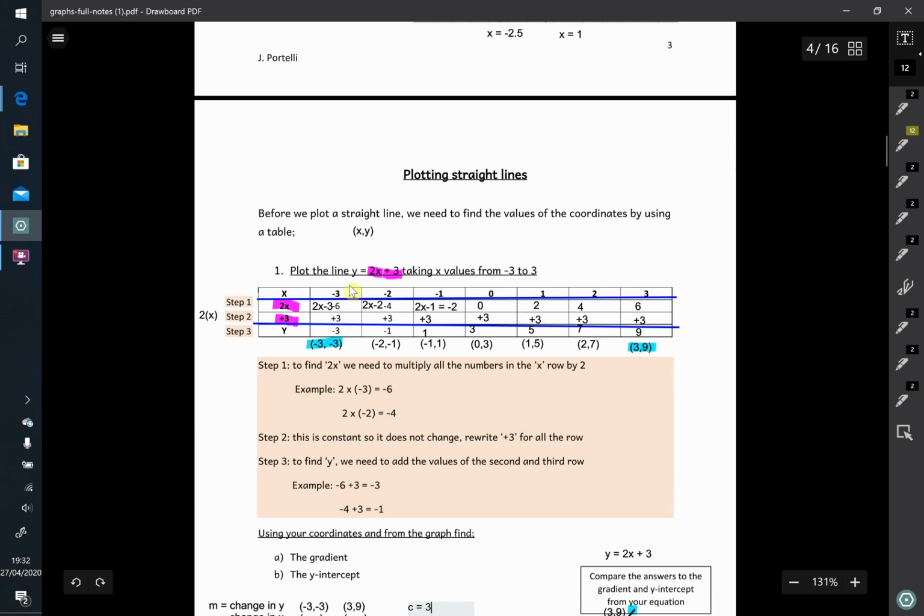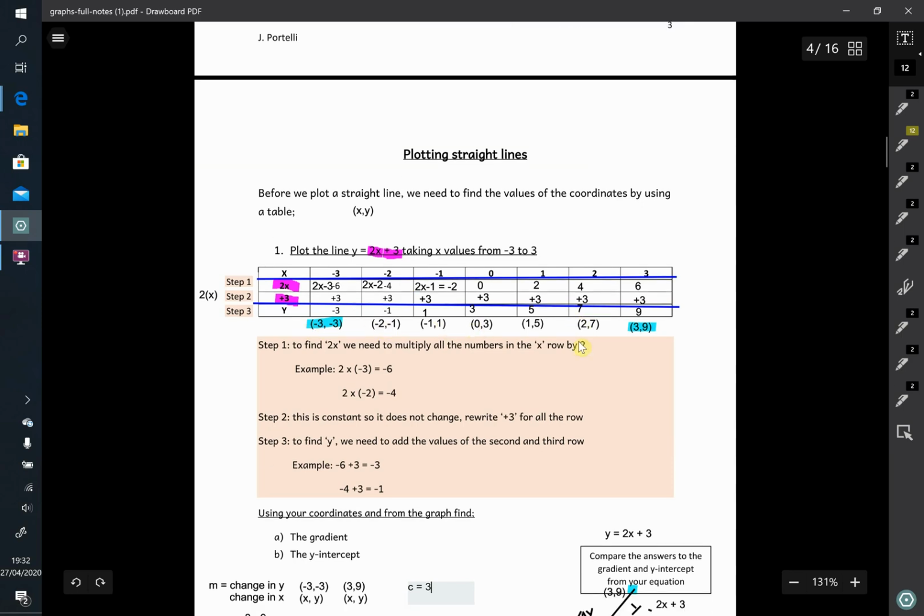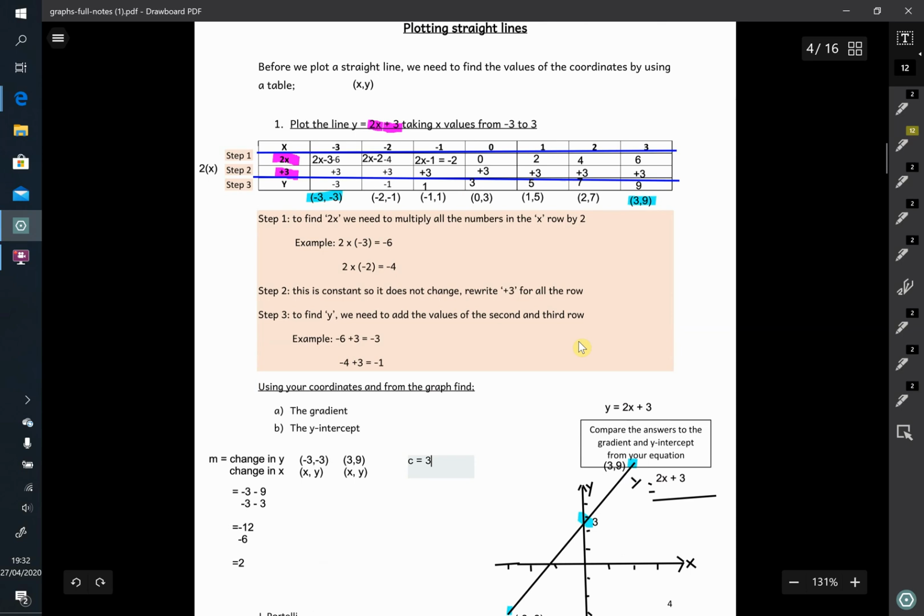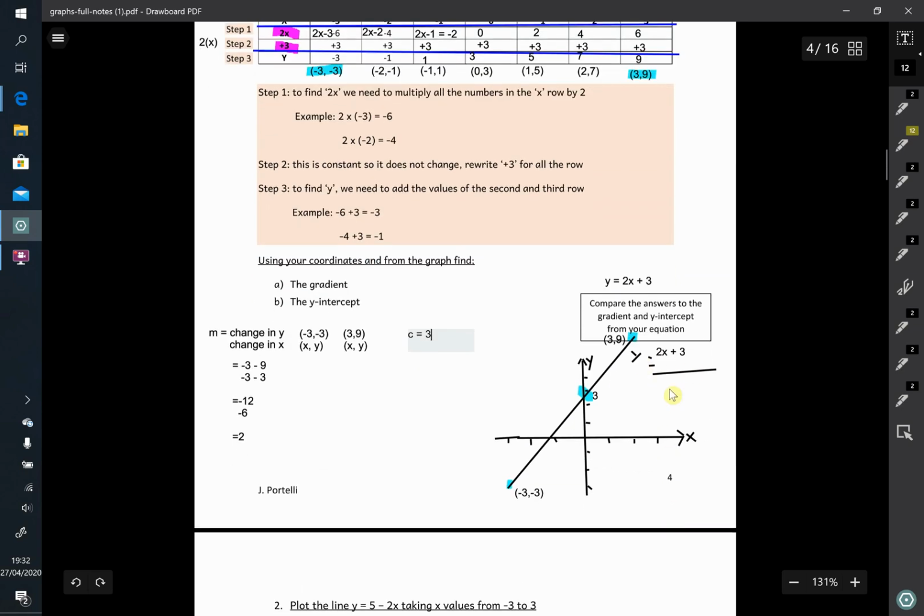If you want, you can use a color just to distinguish the x's and the y's. You create the coordinates. You plot it, make sure you use the full page, especially more than half the graph. You plot it, you join the coordinates, and make sure in pencil you write down the equation of the straight line, like we did over here as a rough sketch on the side.